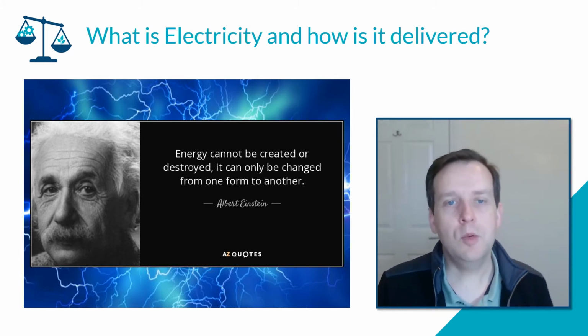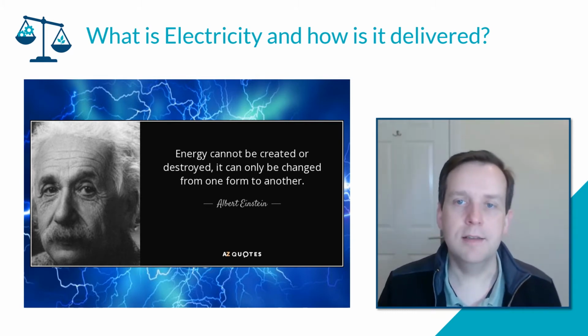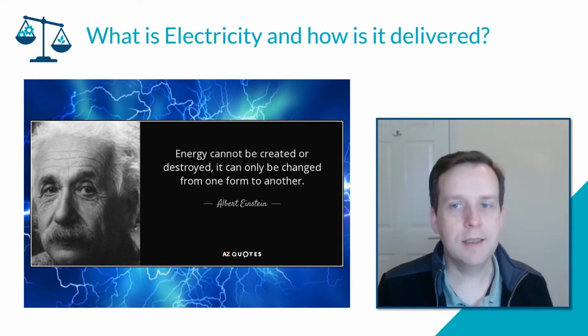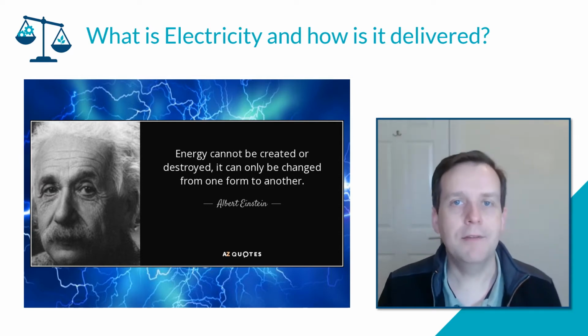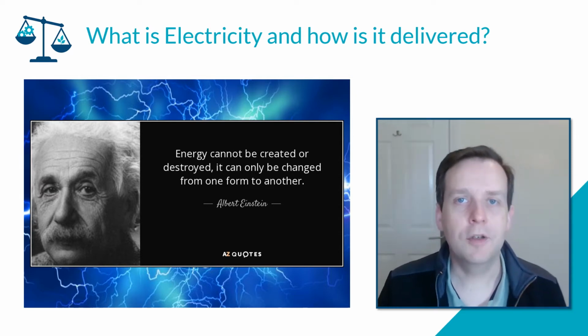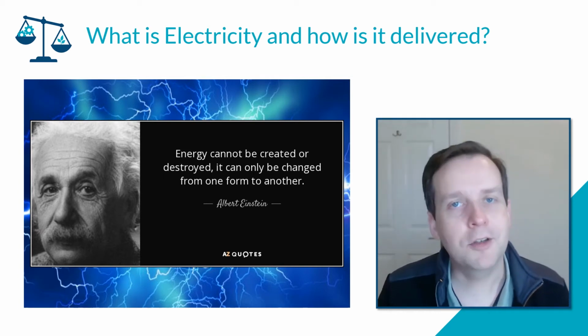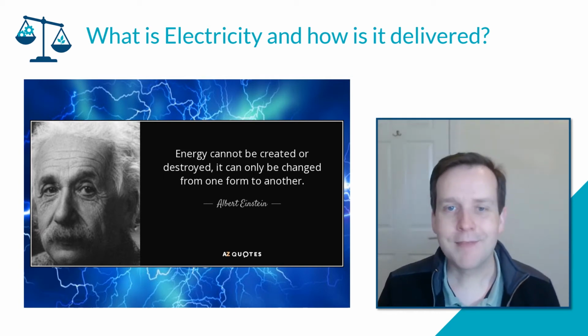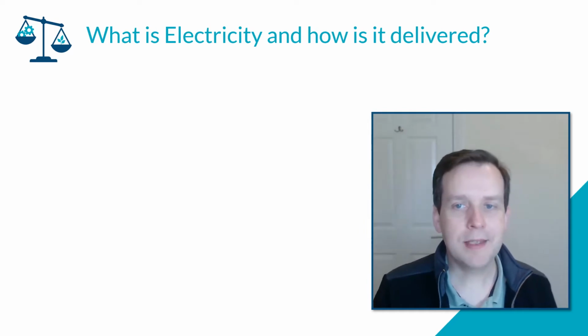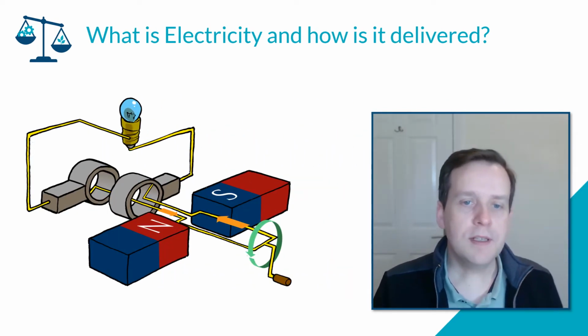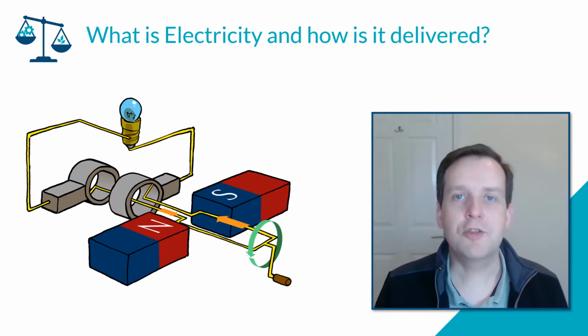So, how is electricity created? We have to have another form of energy to convert to electricity, which in turn converts to light energy. This is a very basic electrical generator.